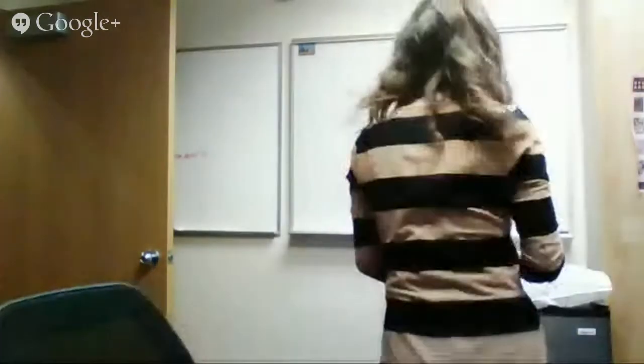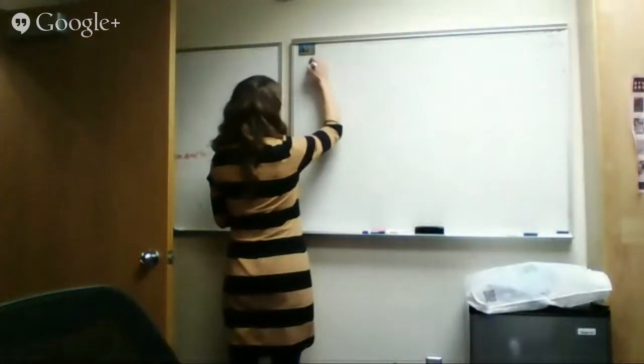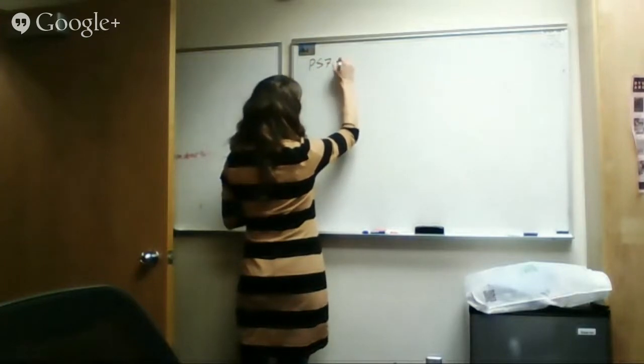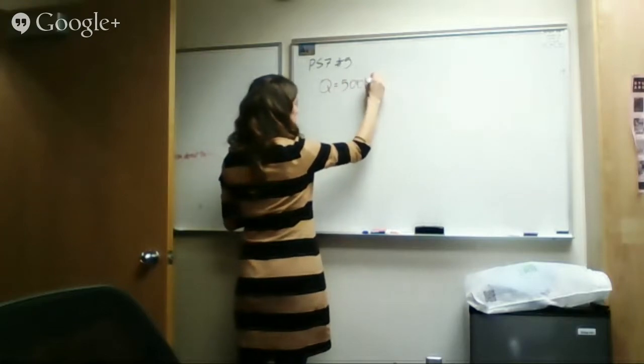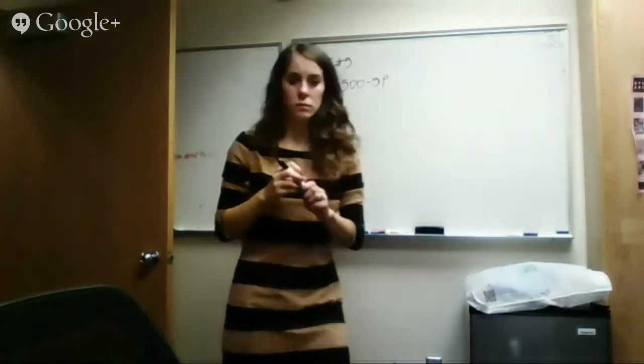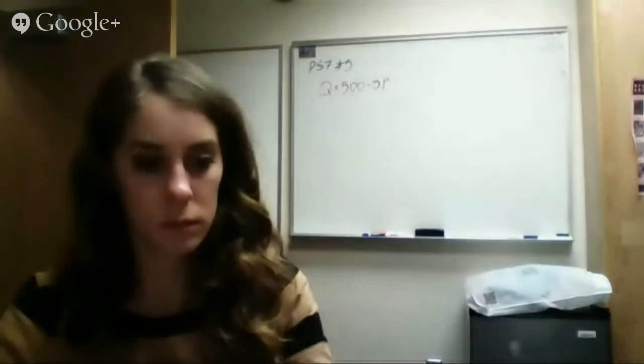Okay, so the problem says that the market demand for tuberculosis medicine is given by Q equals 500 minus 5P, where Q is the number of doses in thousands.